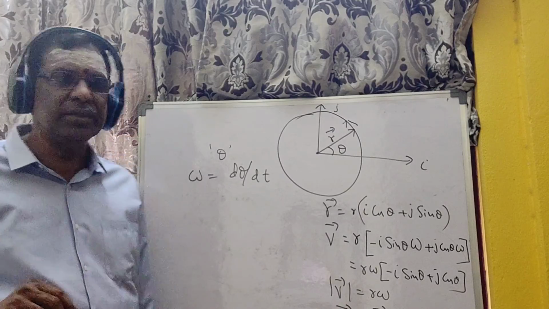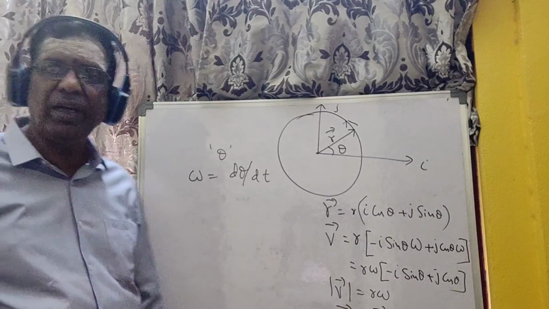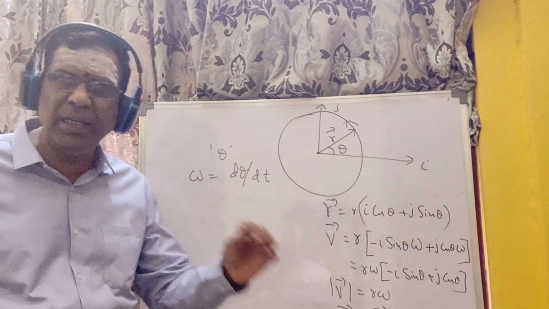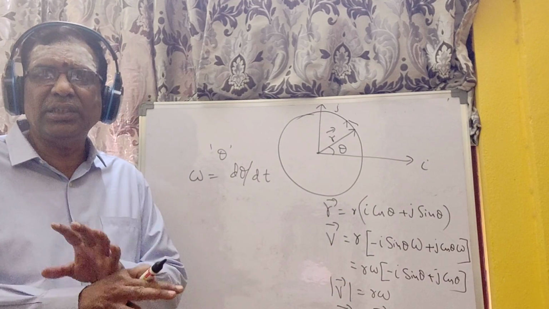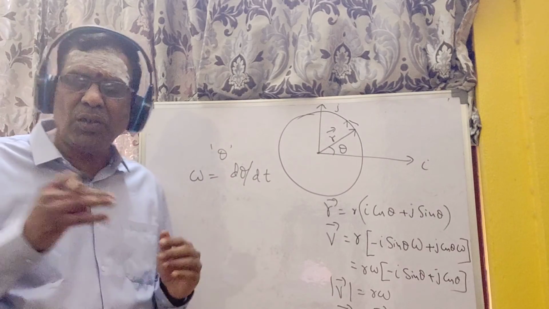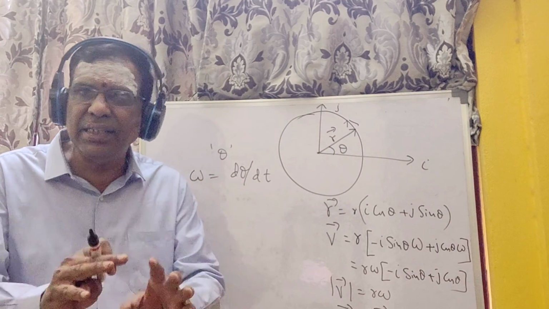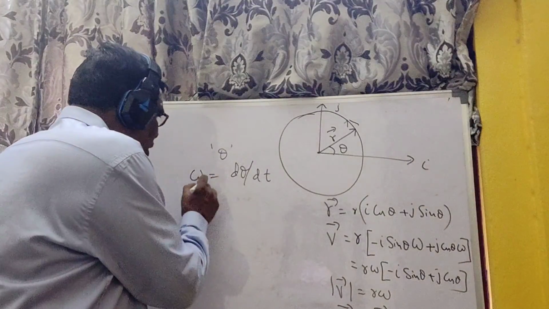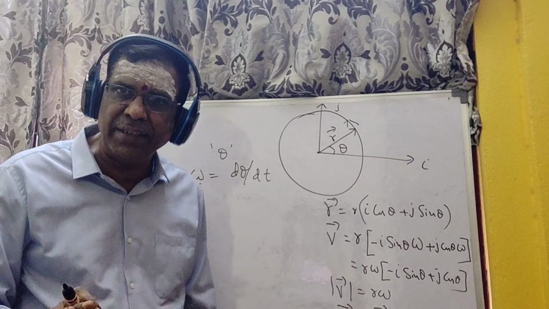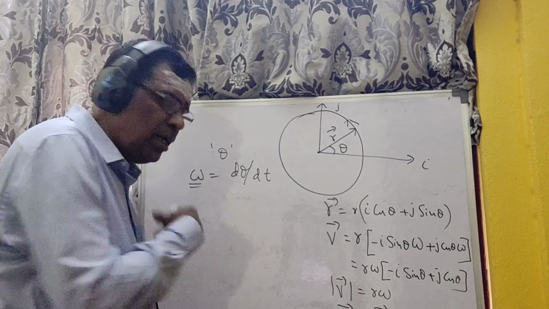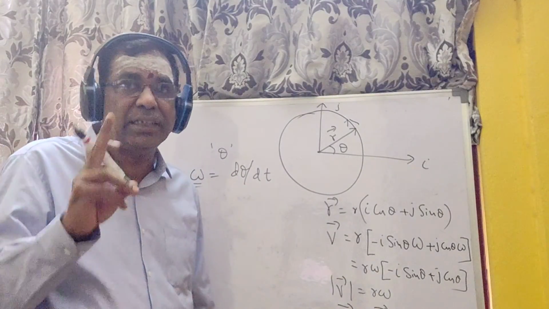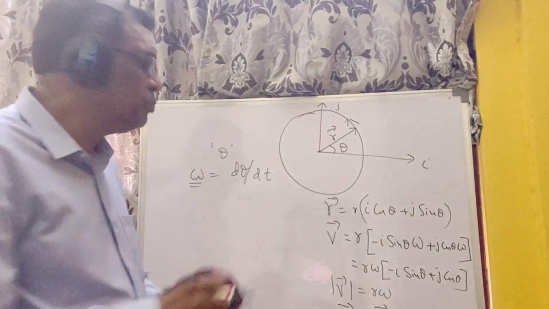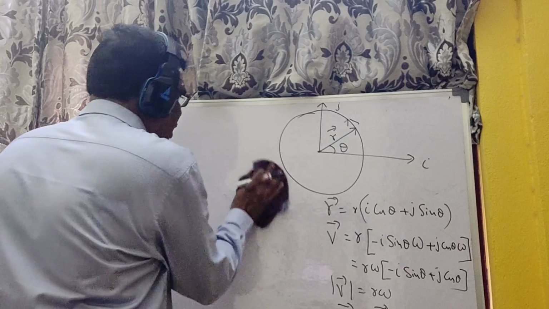The reason is omega is defined for infinitesimally small displacements only. Therefore, the question of it not being a vector doesn't arise. Thank God for this. Therefore, omega, any value, is a vector. Alpha, any value, is a vector, but theta, any value, is not a vector. That's what I want you to really understand.